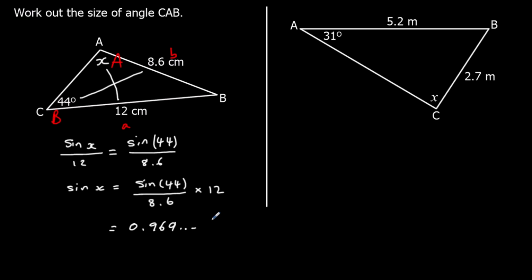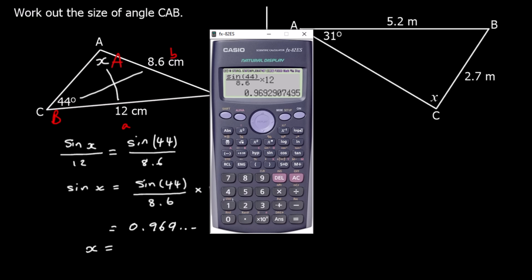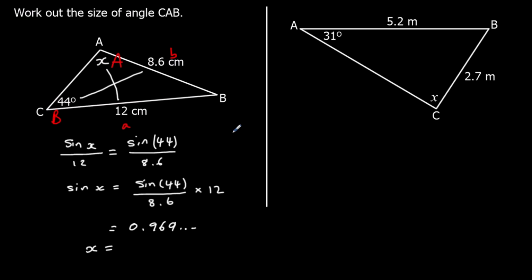But we're going to find x. So to get sine away from x, we're going to do shift sine. So if we shift sine the answer, we get an answer of 75.76. I'll write that down, 75.76 degrees.